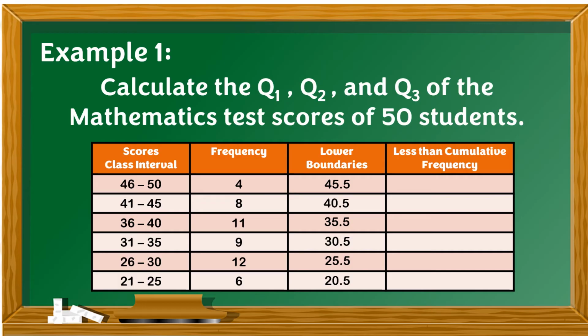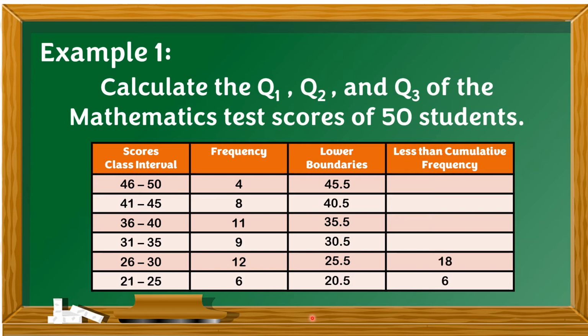And then for the less than cumulative frequency, we start from the frequency of 21 to 25, which is 6. Then 6 plus 12, the next frequency, the answer is 18.